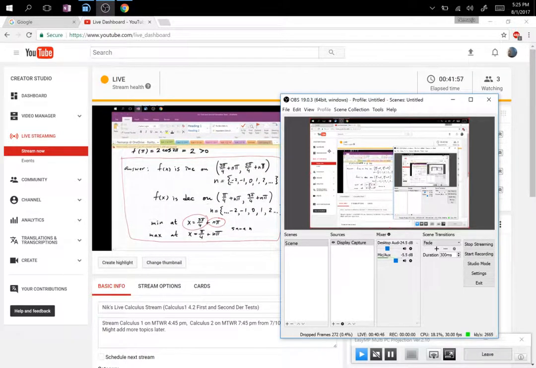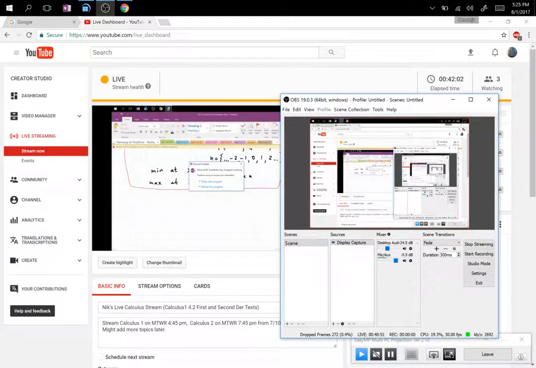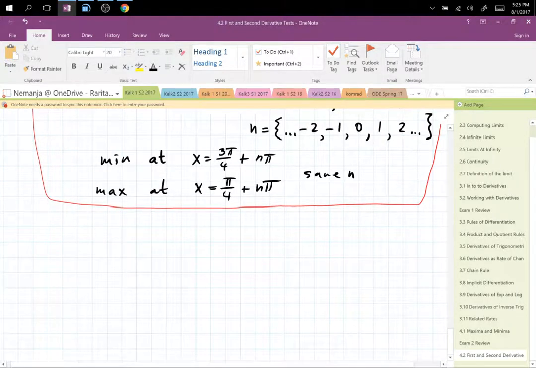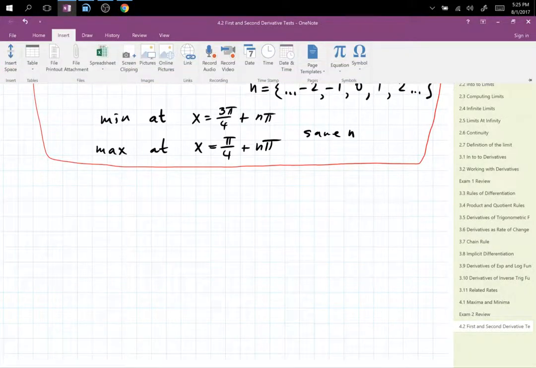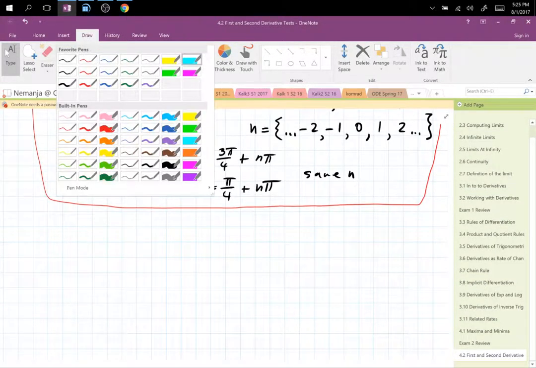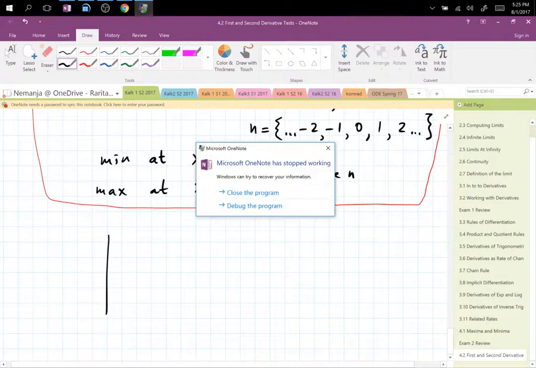It crashed 3 times. Come on, Windows 10, you can do better than this. My Windows 8 never crashed. And 10 is a much better operating system, it's just that OneNote is not working on it, and it's annoying. It won't let me draw the graph.